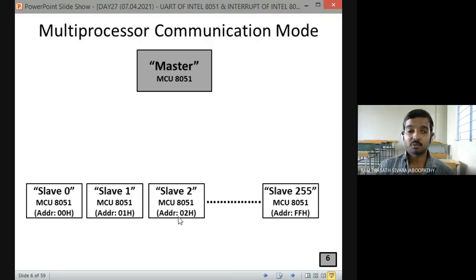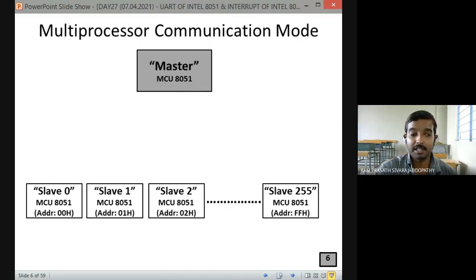What about total number of slaves you can have with a single master? Can you see the diagram and answer? How many slaves totally we are having in this diagram? The dot indicates slave 3, slave 4 up to slave 255. Yes, very good, Anthony Surya. 256 slave microcontrollers we can have. So this we call it as multiprocessor communication mode. That means any slave can communicate with the master, but the communication can be initiated by the master only.